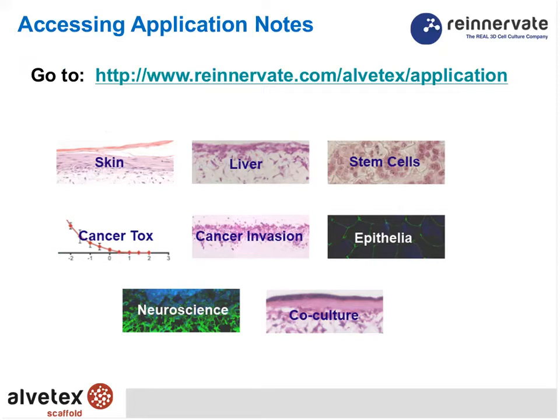These are in-depth studies which will show you the benefits of using Alvetex in specific research areas, and you can see the research areas that we have data for at the moment on this slide. You can see there is quite a variety of them. These include detailed protocols and a lot of data, and these data are quite varied, and they will show you what morphology and cell response you can expect from your cells when you grow them in Alvetex.